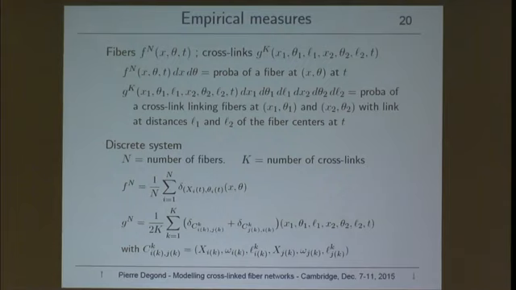So I get 1/2 times the number of crosslinks times deltas in this big space: position, angle, and length of the first fiber, the distance from the center of the fiber to the crosslink for the first fiber, and same for the second fiber.